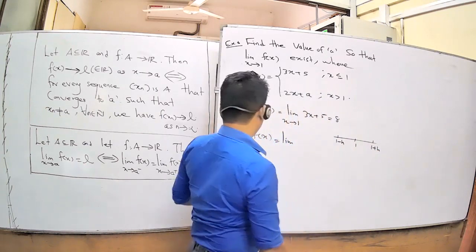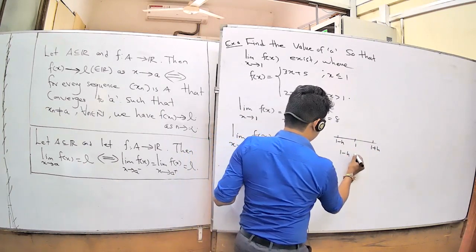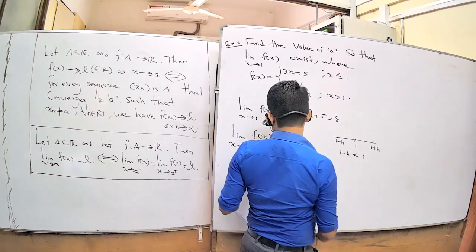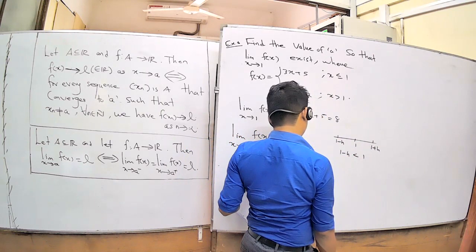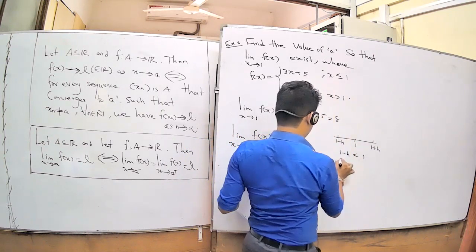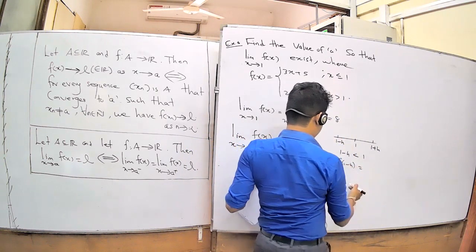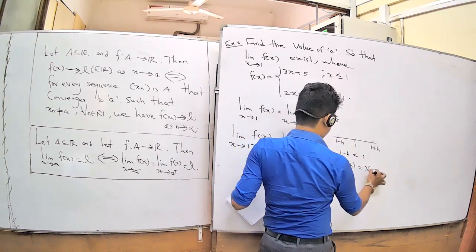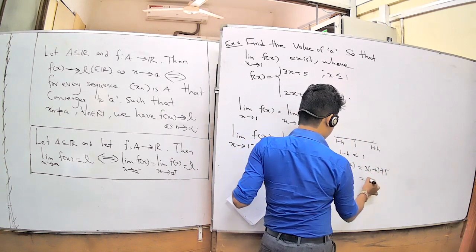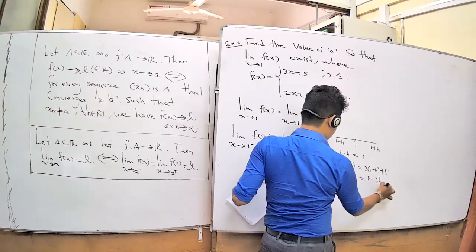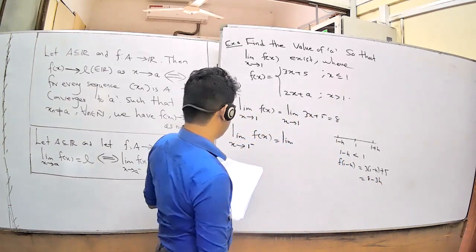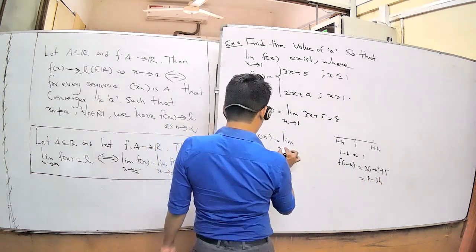Now obviously this 1 minus h is less than 1, therefore your function takes this value. What is your 1 minus h? This is 3 times 1 minus h plus 5. Therefore 3 plus 5, 8 minus 3h. Okay, 8 minus 3h is your function value for this case.